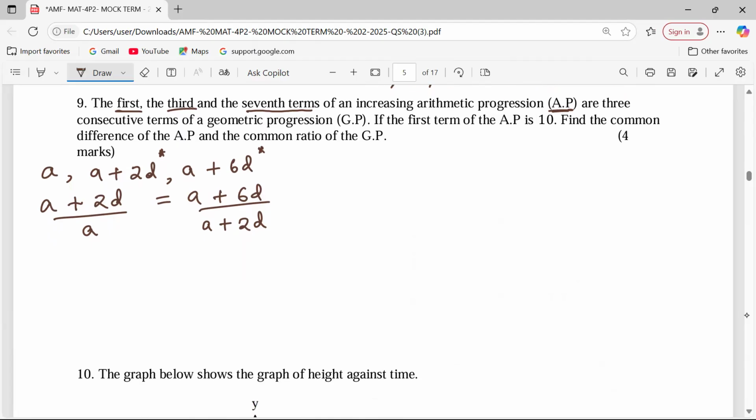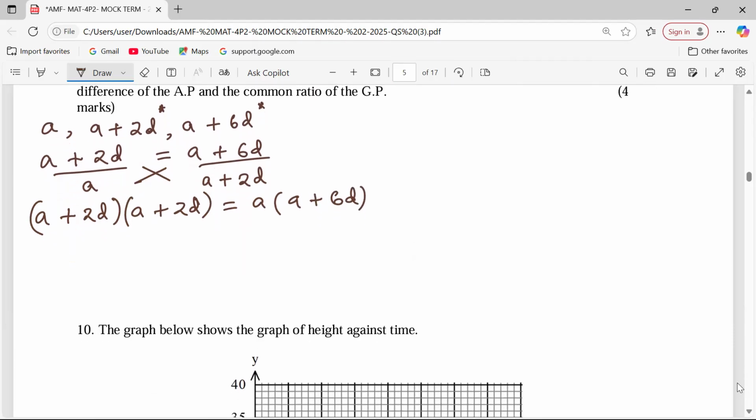After cross multiplication, what are we getting in this case? I shall have A plus 2D times A plus 2D, which means squared, equals A times A plus 6D.